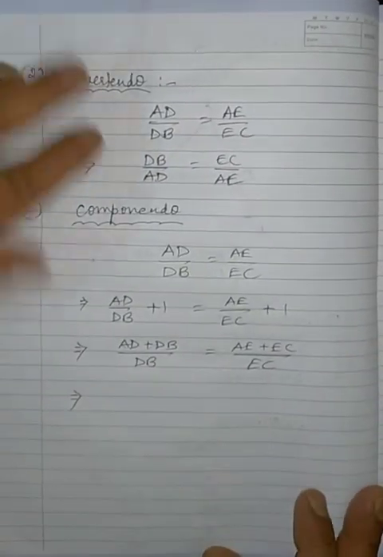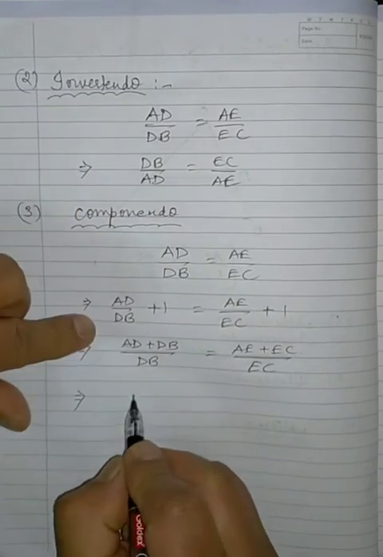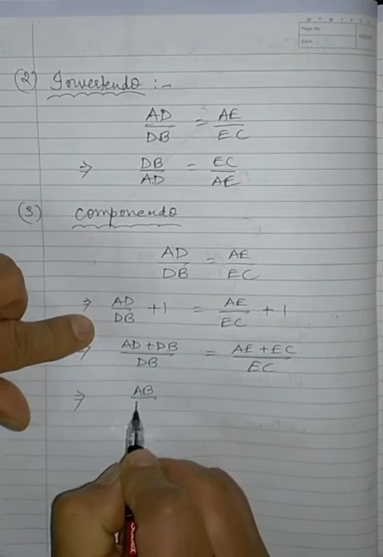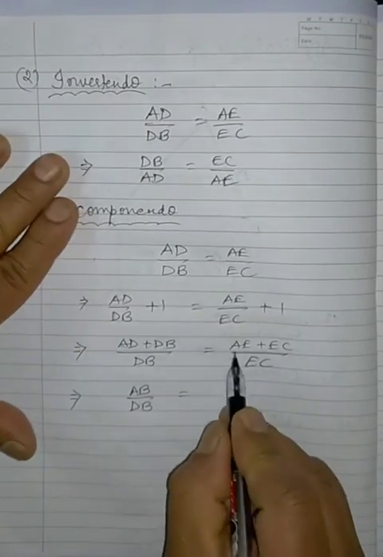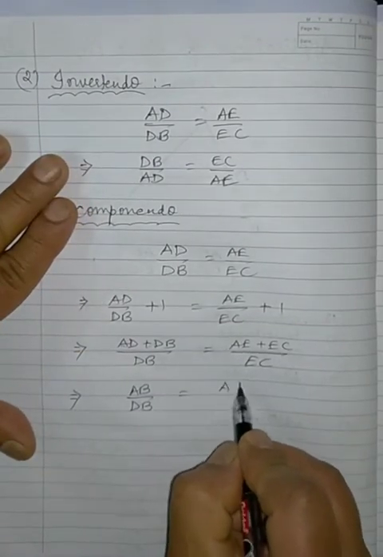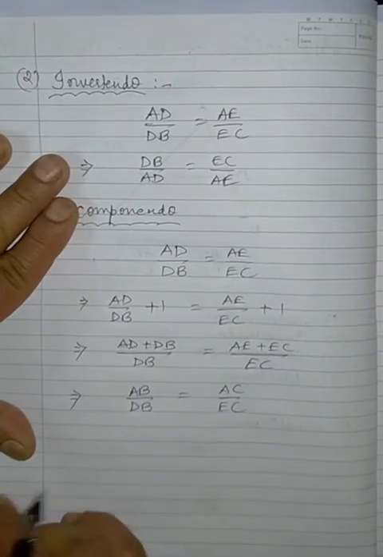This means that AD plus DB, which is equal to AB upon DB, is equal to AE plus EC, which is equal to AC upon EC.